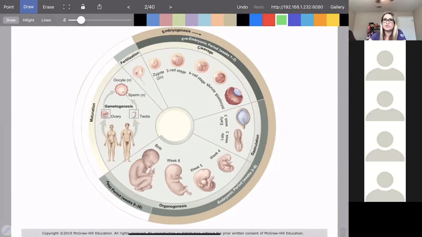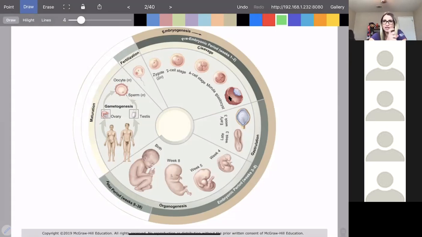Something that we should mention is that the sperm stays alive for about 3 to 4 days. I have seen the literature mention 7 to 10 days even. But the oocyte is only alive for 24 hours. So as the oocyte is released, if it's not fertilized in 24 hours, it will degenerate, it will fall apart, it will die.